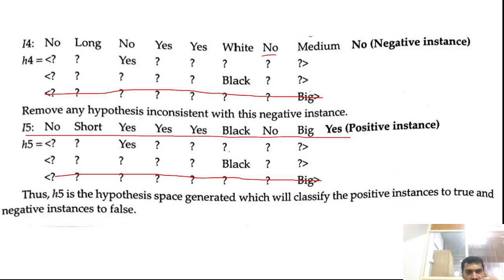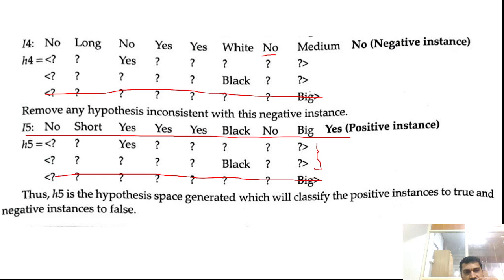Yes, yes, matching. Yes, question mark takes any value. Black is matching. No, no, and again question mark takes any value. Big, question mark takes any value. So these two are specific hypotheses which can lead to the positive instance.